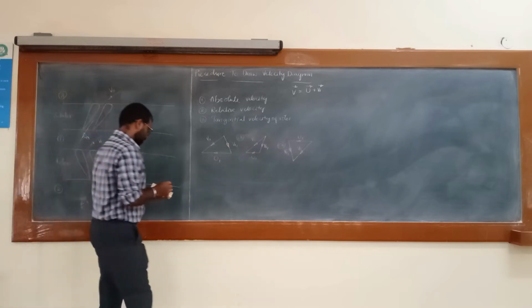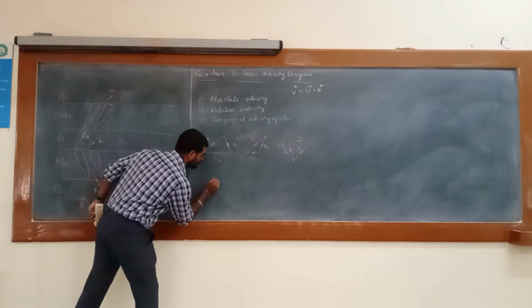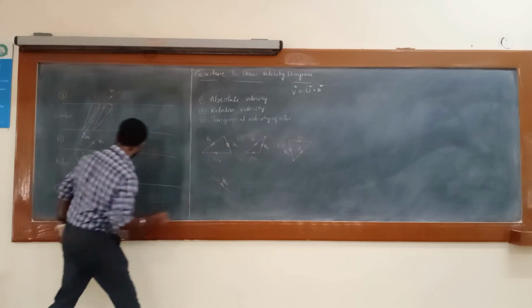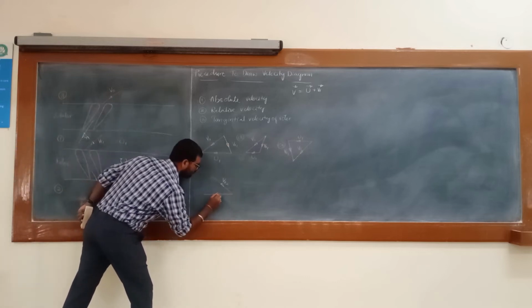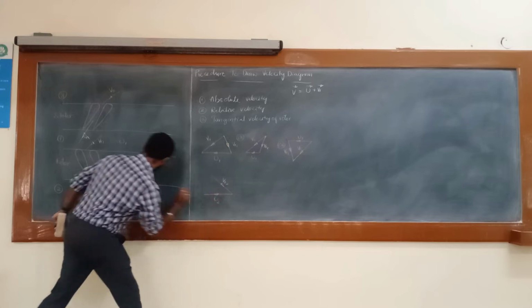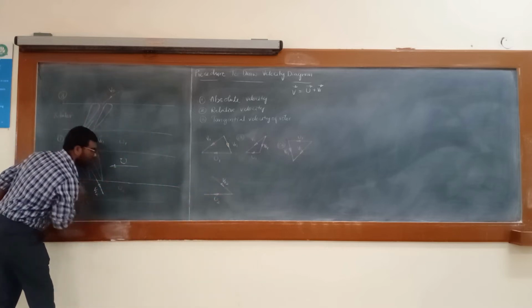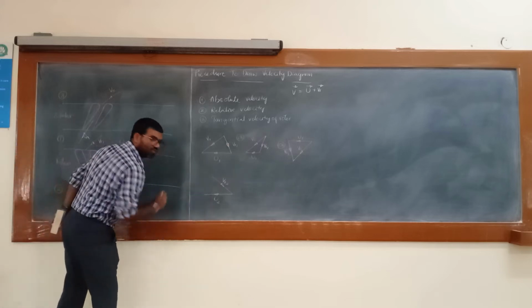What is the velocity triangle here? Here is VR2, this is the direction of VR2, and this is the direction of U2. At the outlet, what is the tangential velocity we have? U2.